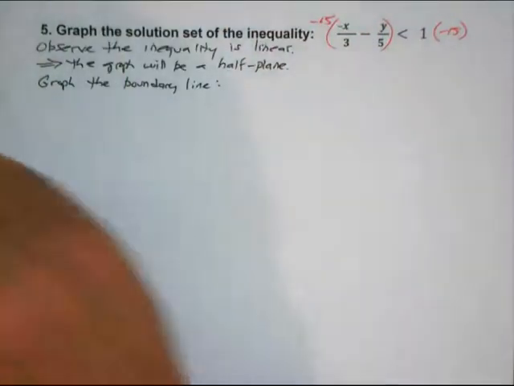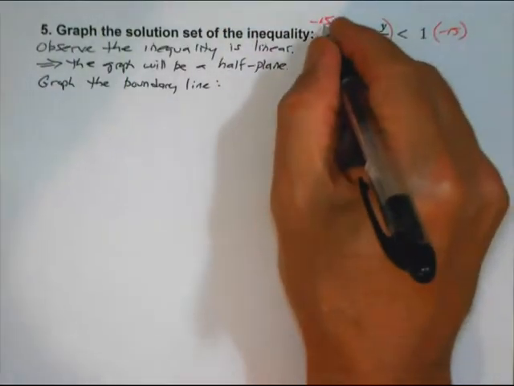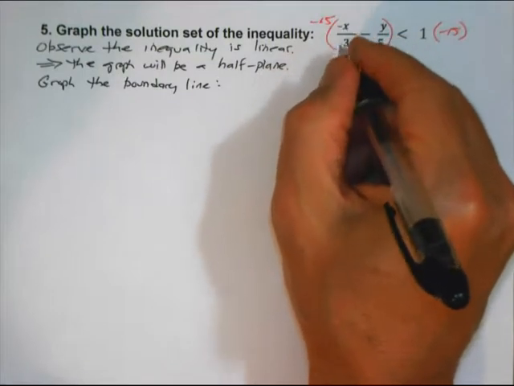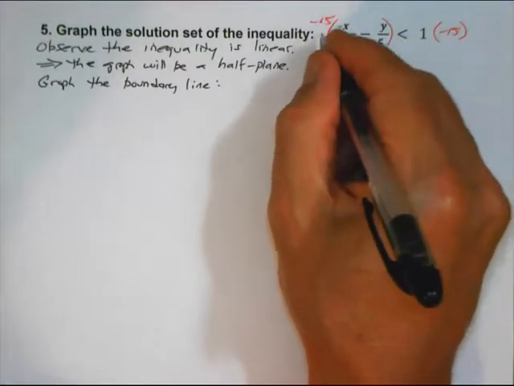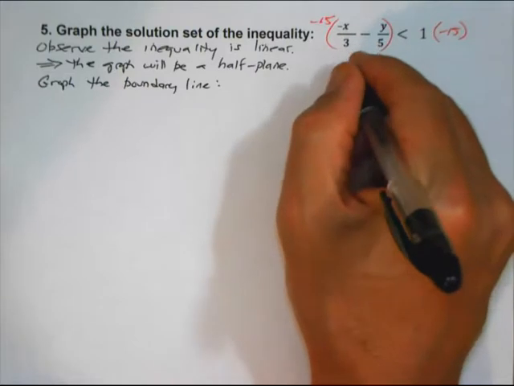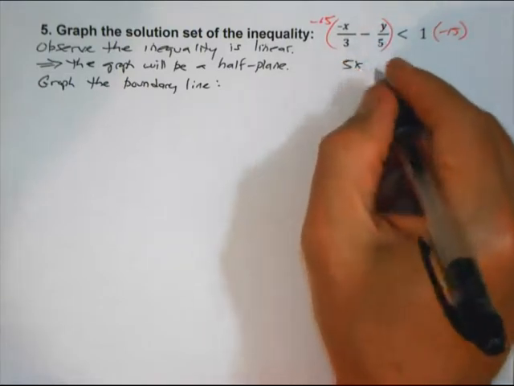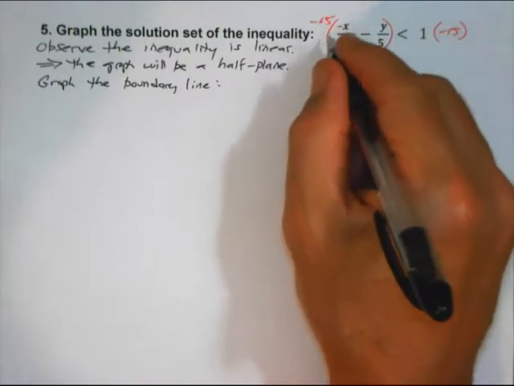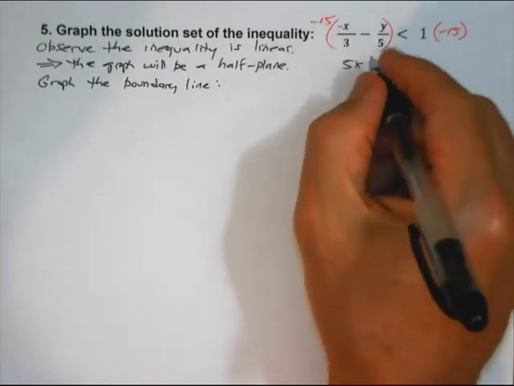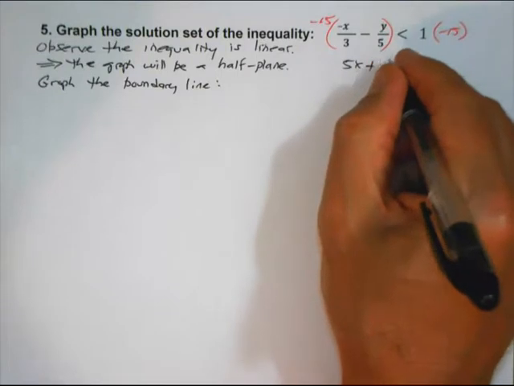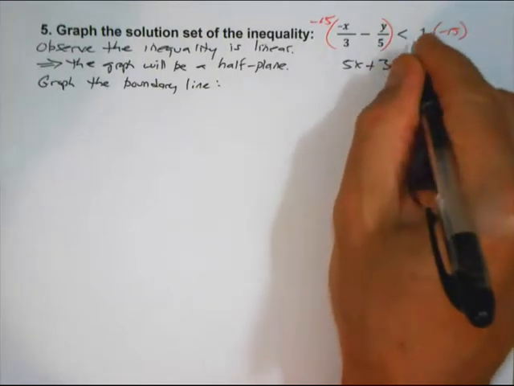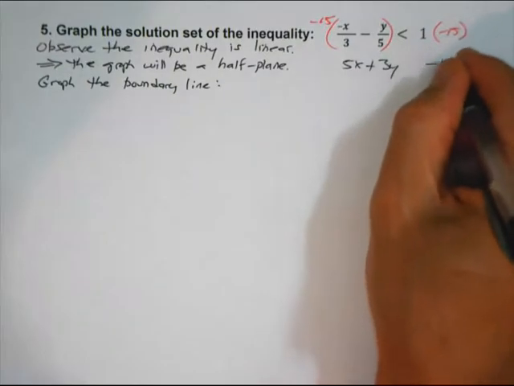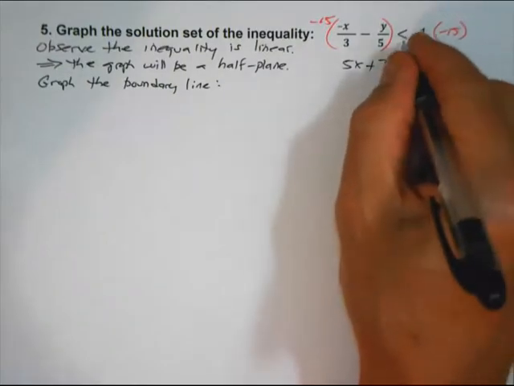This side by negative 15 and this side by negative 15. The result of that: negative x over 3 turns to a positive, the factor of 3 cancels, it's 5x. Then there's this minus sign here, so that turns into a plus. A factor of 5 cancels, 3y left over. Over here is negative 15. What about this inequality?